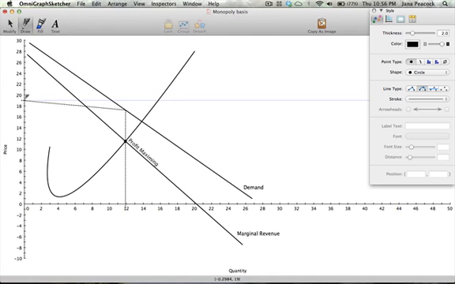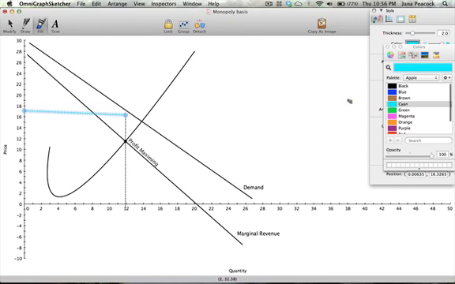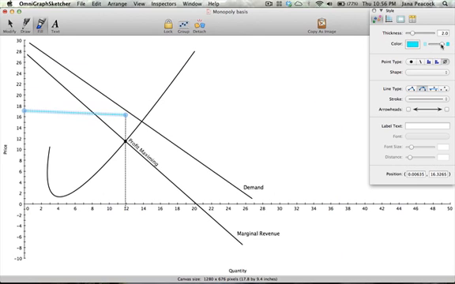If we look here, we found our market price of approximately $17. And with that market price, you can look above and see consumer surplus. Consumer surplus is the price at which the consumers feel they have gotten a great deal.